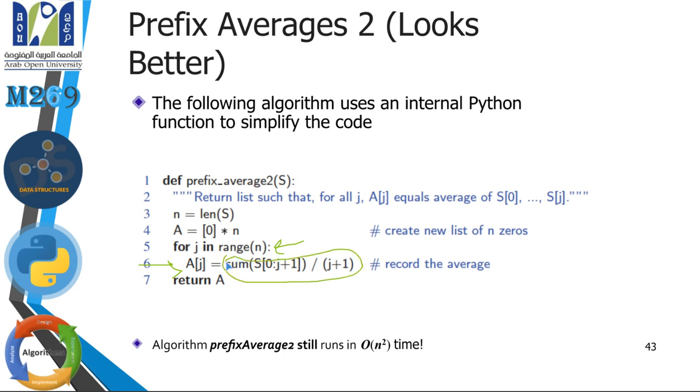We are calling another function, which is sum. So again, the for loop will be executed n times, and the function sum will be executed n times. So again we have n to the power 2. That is a little bit better, but the same complexity.